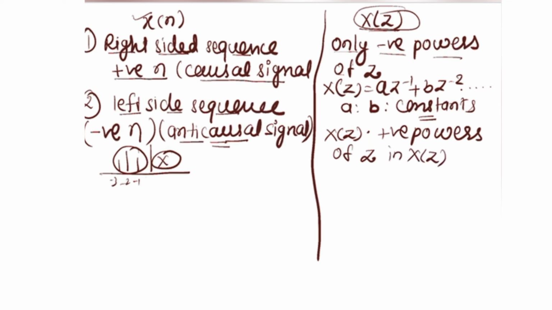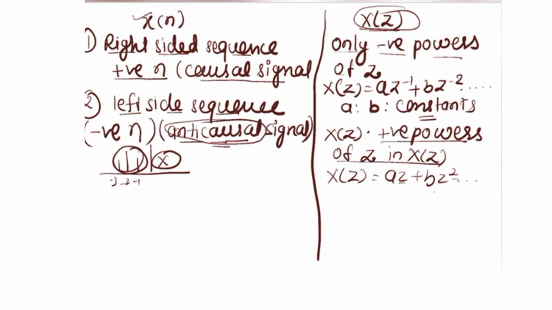As we have already seen in the third numerical, our signal was confined to the negative side only, so we got all positive powers of z in X(z), like X(z) = az + bz². So when we get only positive powers, no negative power, that means our signal is anti-causal.